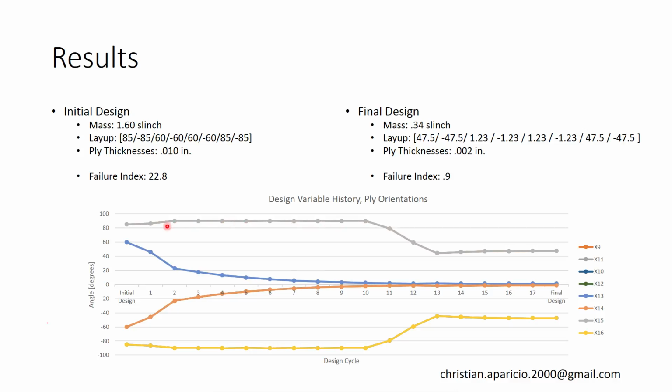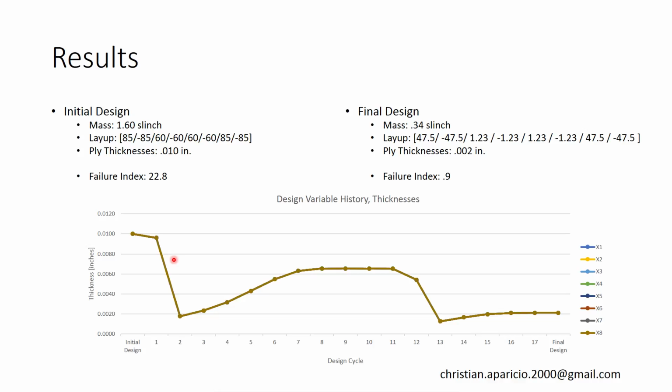You can see for the first about 10 design cycles, the optimizer really didn't modify the 85 degree ply. It wasn't until design cycle 10 that the 85 degree ply finally was decreased, whereas the 60 degree ply was immediately modified in design cycles 1 and 2.